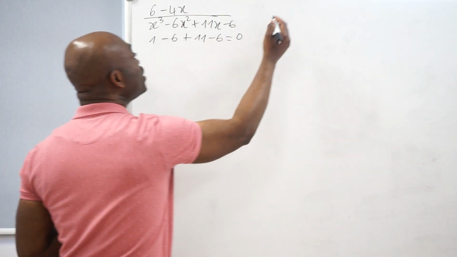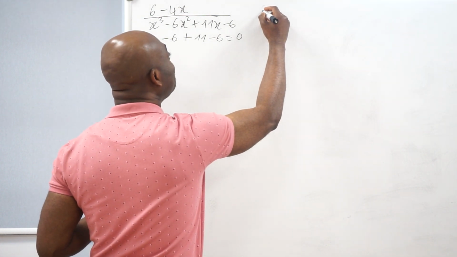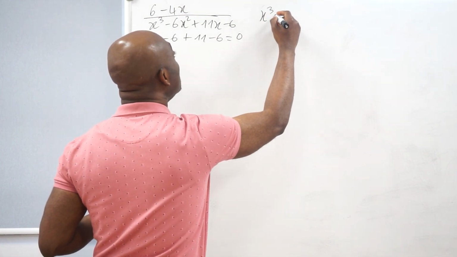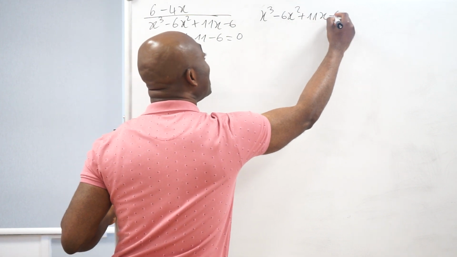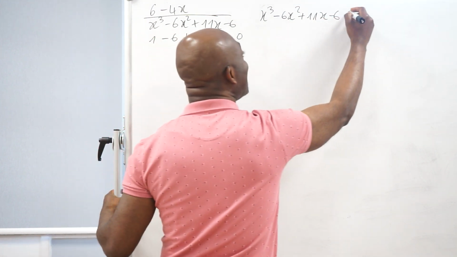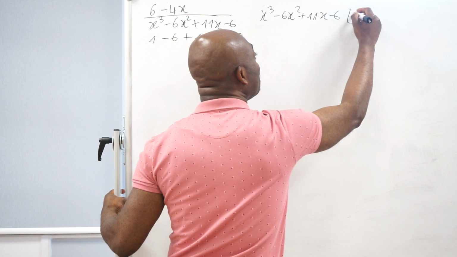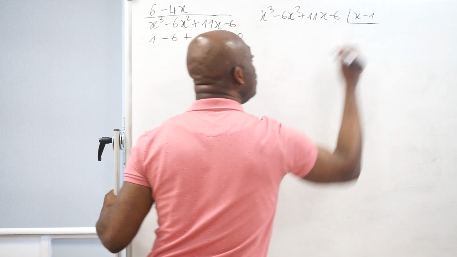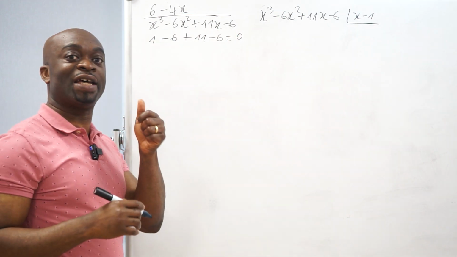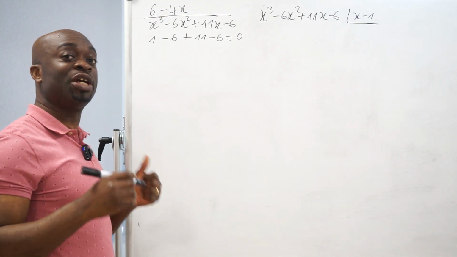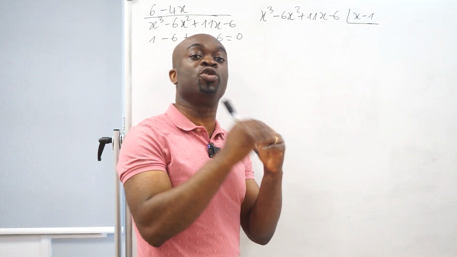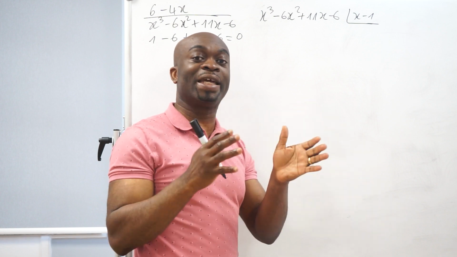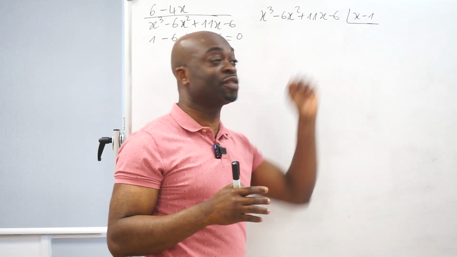So we're going to take x to the third minus 6x squared plus 11x minus 6, and then divide that by x minus 1. Remember, we just found out that 1 is a zero. So if 1 is a zero, that means we can use the factor x minus 1. We always use the opposite sign to make it a factor, which is x minus 1.